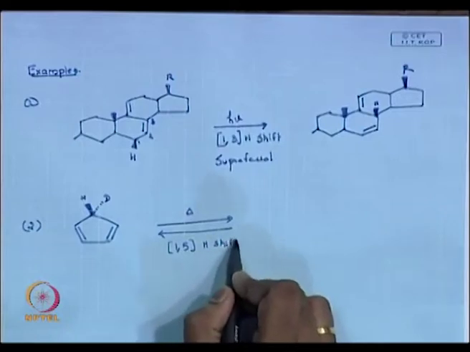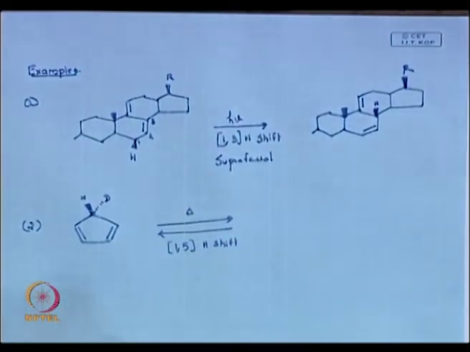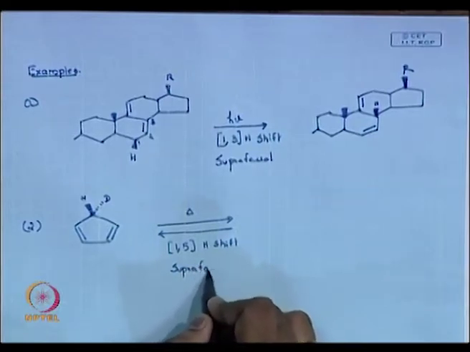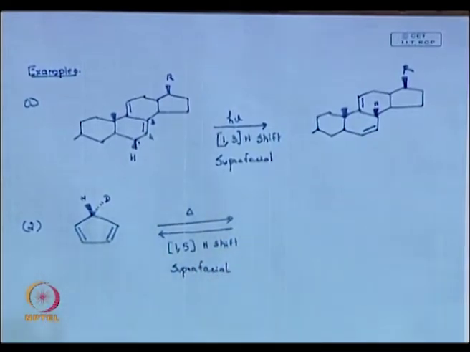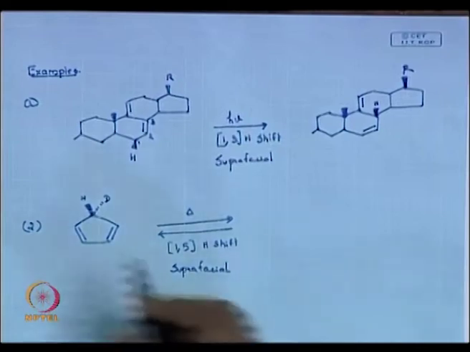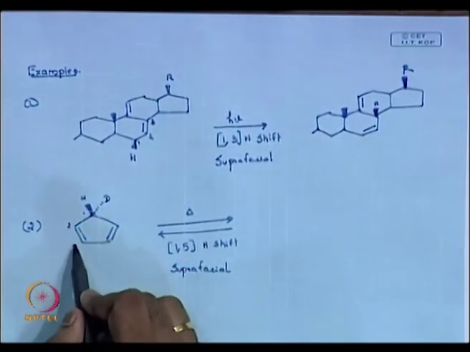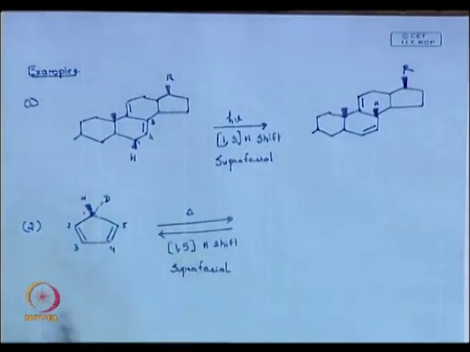hydrogen shift. So, 1,5 heating, what is it, antarafacial or suprafacial? Suprafacial. Just keep that formula in your mind. Then I can write the numbers 1, 2, 3, 4, 5.